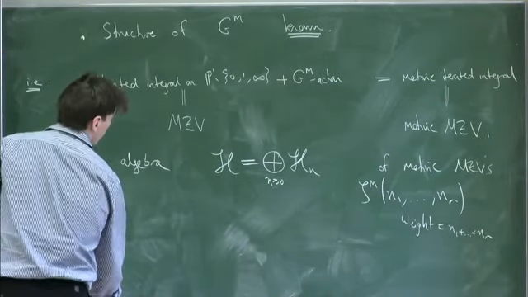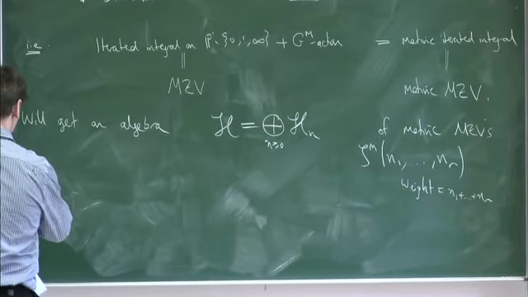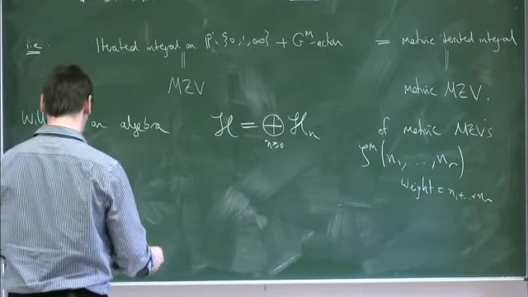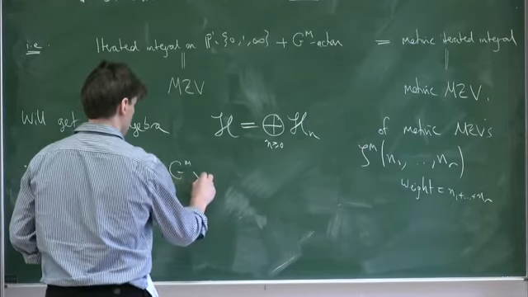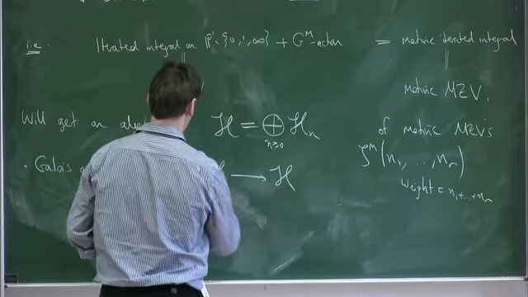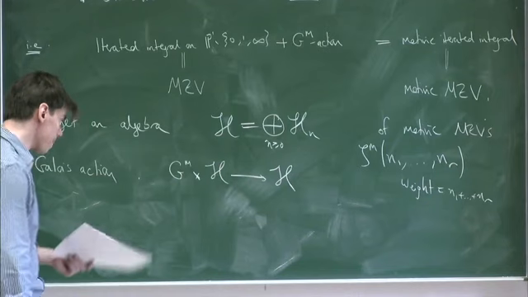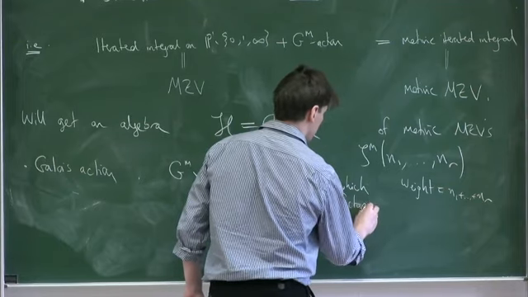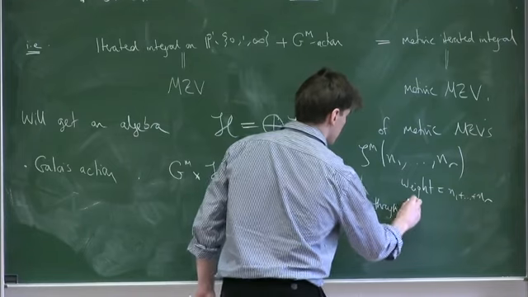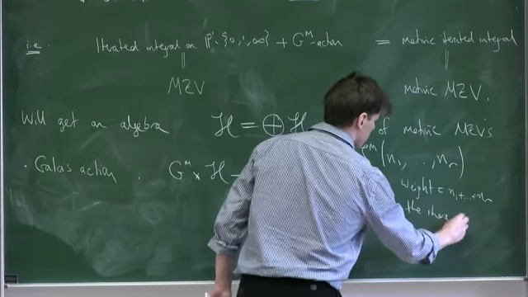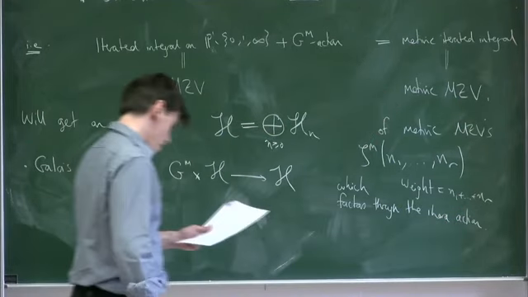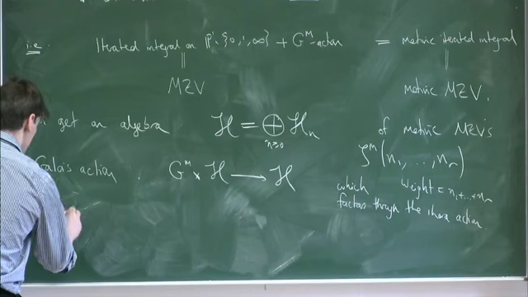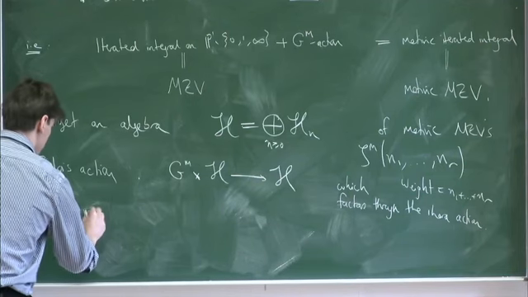Then on this algebra, it's going to have a Galois action inherited from the action on P1 minus 3 points, G Motivic cross H to H, which factors, and this is the key point, through the coaction. We can compute it basically using the formulae I wrote down at the end of the last lecture. And another crucial fact is that it's equipped with a period map.